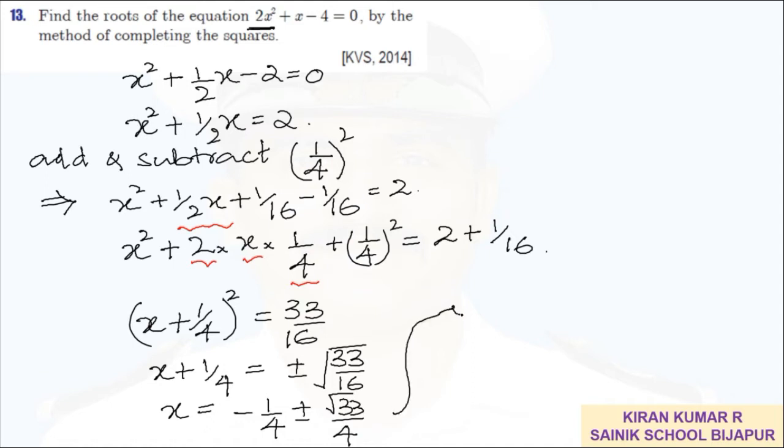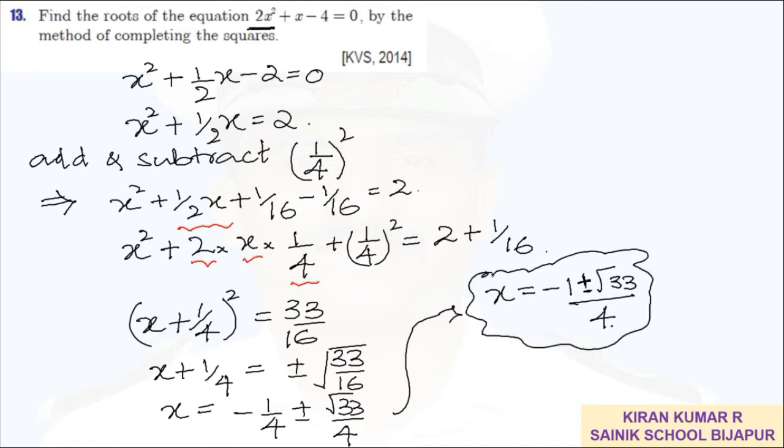So I can write the values of x as minus 1 plus or minus root 33 upon 4. For the first time we can consider plus, for the next one we can consider minus. These are the roots. Remember, for academic session 2021, this completing the square method has been deleted.